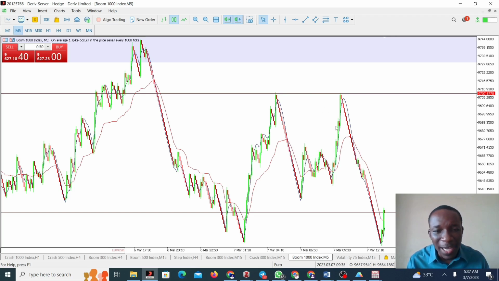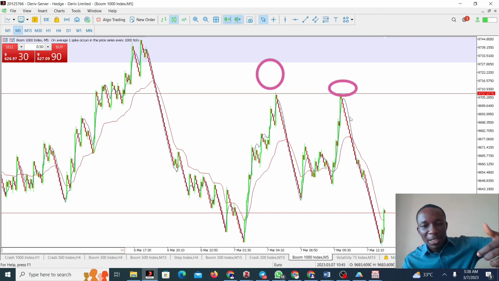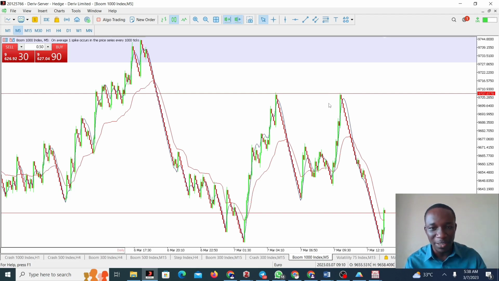In some other cases, it might be a double top in which the first high is somewhere around here and the second high point is here, a kind of up and down. One is higher, one is lower, but in all it's a double top, and that type you cannot call an M shape.